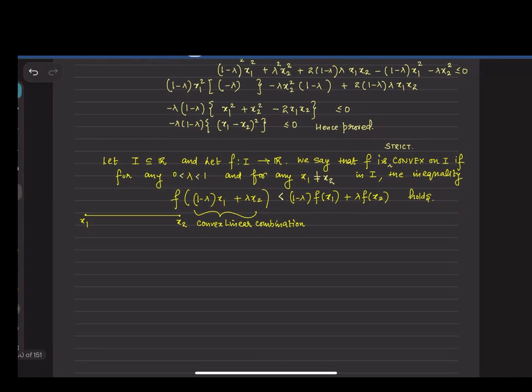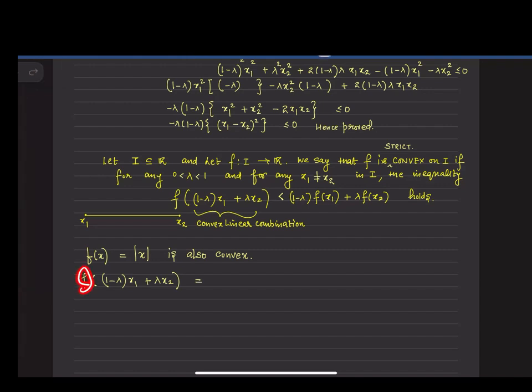Similarly, we can also see that f(x) equals mod of x is also convex. So what we need to show, let us take this side. f at 1 minus lambda into x1 plus lambda into x2. So whatever is inside f gets a mod.